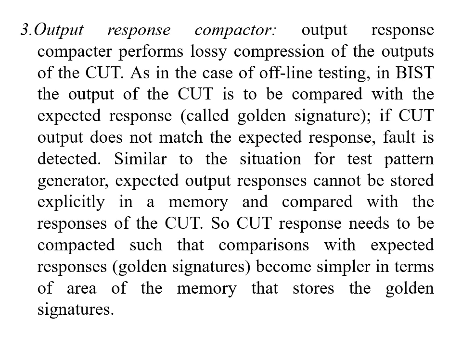In normal operation, the circuit under test receives its inputs from other modules and performs the function for which it was designed. During test mode, a test pattern generator circuit applies a sequence of test patterns to the circuit under test, and the test responses are evaluated by an output response compactor.